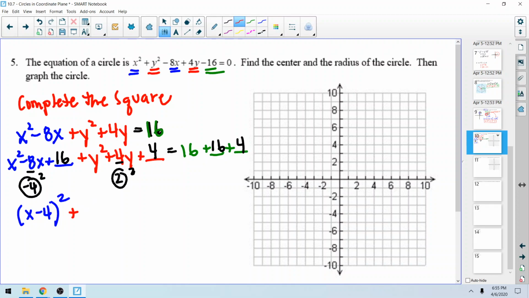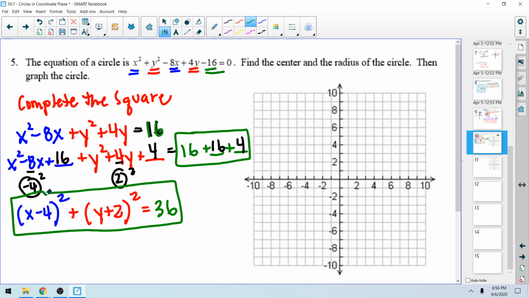Plus y plus 2 squared, because you have that fantastic little 2 in the circle there, equals, and then we have a 16 plus 16, which is 32, plus 4, which is 36, and that is the standard form equation of your circle.